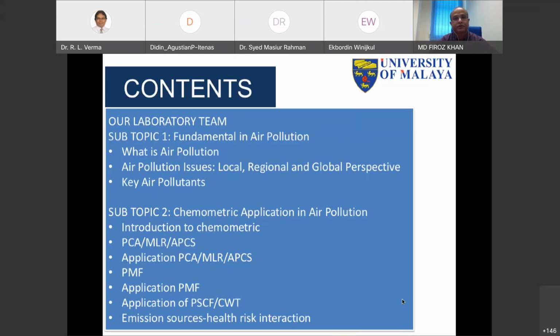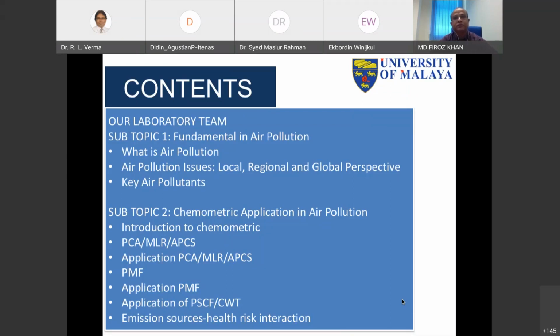First, fundamentals in air pollution: the very basics of air pollution from local, regional, and global perspectives, then some key air pollutants, their potential sources, the processes or factors that generate them, and their impact on our health and environment.